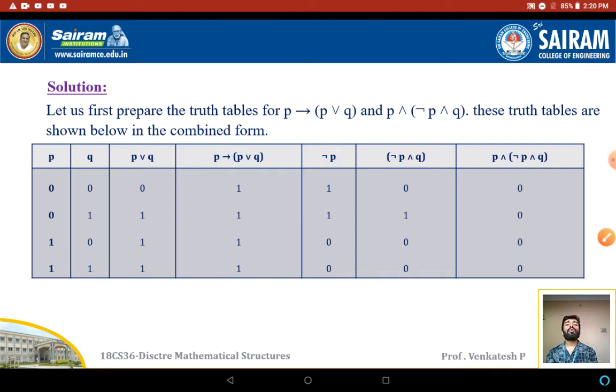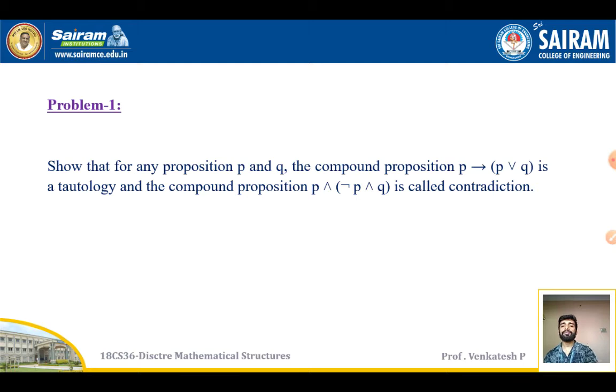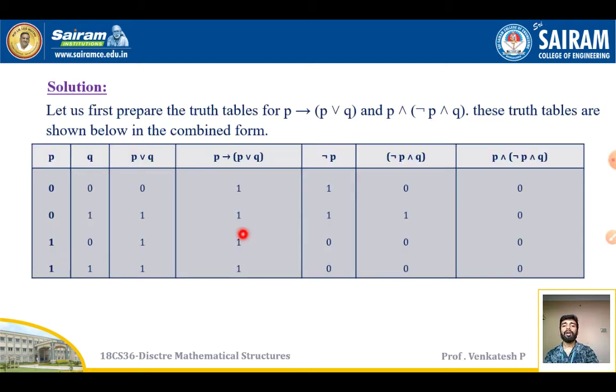Now for the next proposition, the first thing is I need to find the value of negation P. So I'm going to apply the negation to the truth values of P. Negation of 0 gives 1, for 0 again I get 1, 1 will become 0, and again 1 will become 0 here.